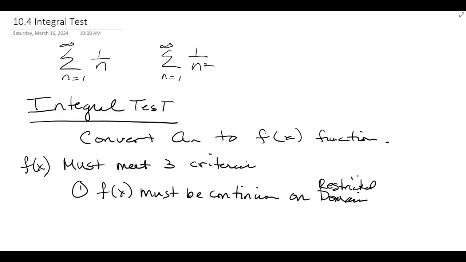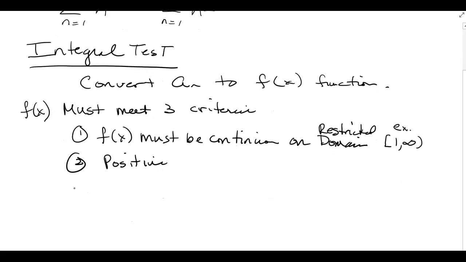And that depends on your original series, but it often looks like 1 to infinity, for example, anything like that. It's okay if it's not continuous outside the domain, your restricted domain, but it needs to be continuous on that restricted domain. Okay, second thing, it's got to be positive. It needs to be a positive function, again, along that restricted domain. And the third thing, it must be decreasing.